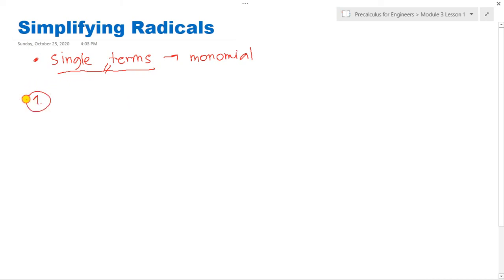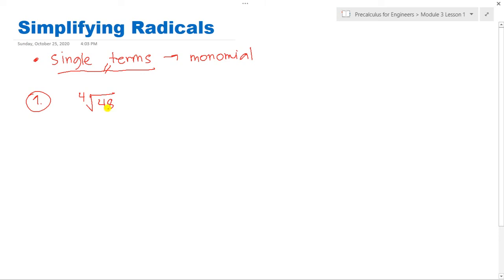So example number 1. We have here the fourth root of 48. So in this case, para hindi ka malilito, apply mo lahat ng mga properties. But first tip ko para sa inyo, just convert this number 48 into a factor of prime numbers.